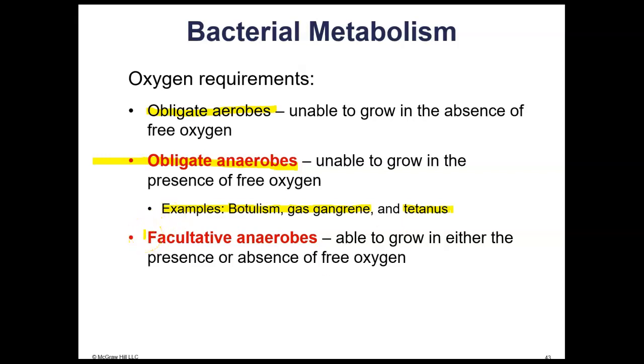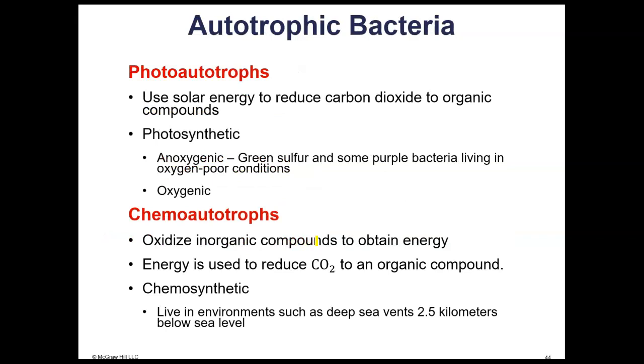If they are facultative anaerobes, that means that they can grow either in the presence of oxygen or in the absence. Some bacteria make their own food, so we call them autotrophs. If they are photoautotrophs, they don't necessarily photosynthesize, but some of them do, but some don't. Photoautotrophs use sunlight or solar energy to convert carbon dioxide into food in the form of carbohydrates.